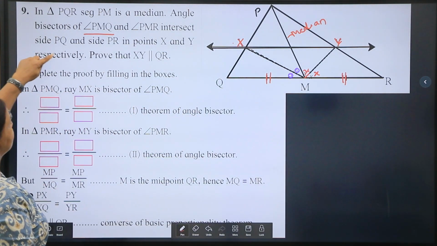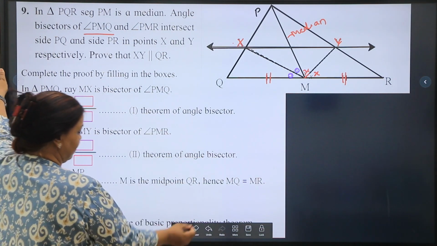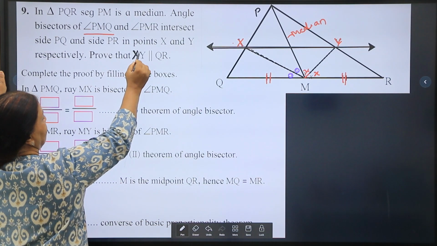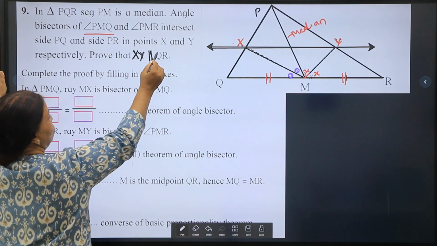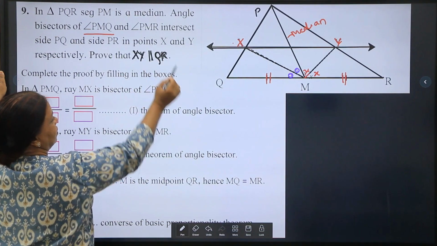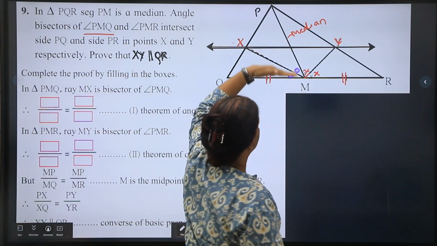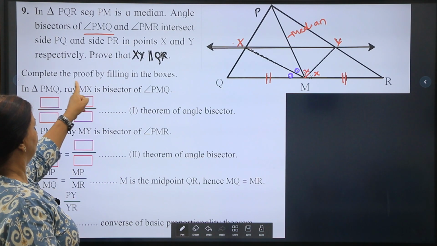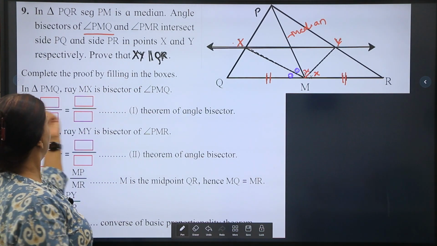And it is also given side XY is parallel to QR. XY means this side is parallel to this side, fine. So, complete the proof by filling the boxes.